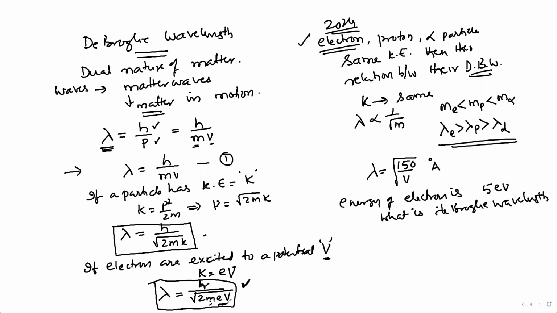Instead of going for the long formula, simply substitute lambda equals root of 150 by V. The electron is excited to a potential 5, so this is root 30 angstroms, your answer. The same thing applies for proton and alpha particle.